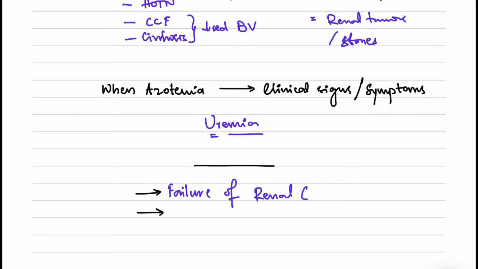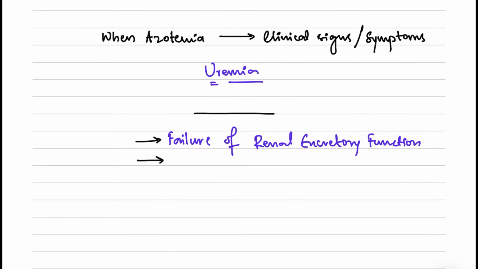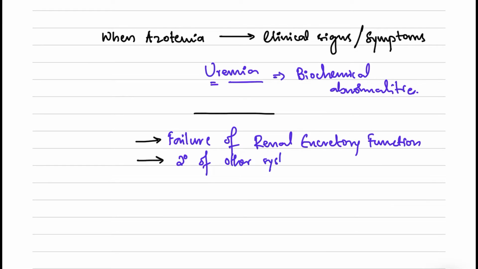Renal excretory function. When the renal excretory function is fully compromised, it leads to uremia, and this will lead to the biochemical abnormalities. And whenever this uremia leads to secondary involvement of the other systems, it can affect what we call uremic gastritis when it involves the GI tract.